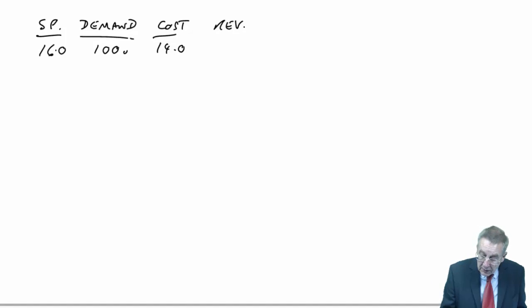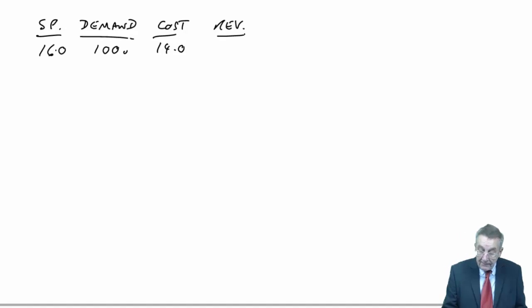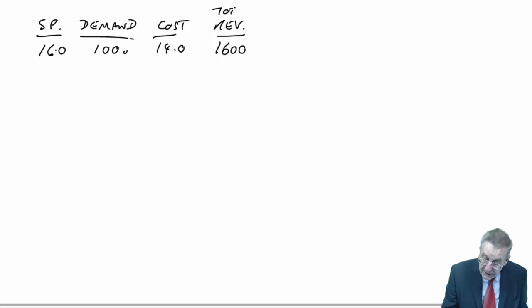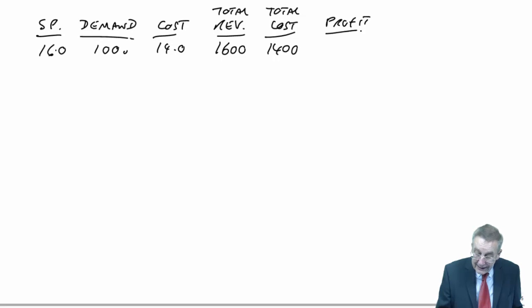The revenue we'll make, 100 units at $16, is $1,600. The total cost, 100 units at 14, is $1,400, and therefore the profit, the difference, $200.